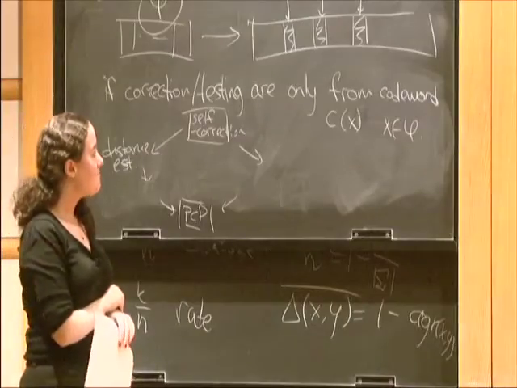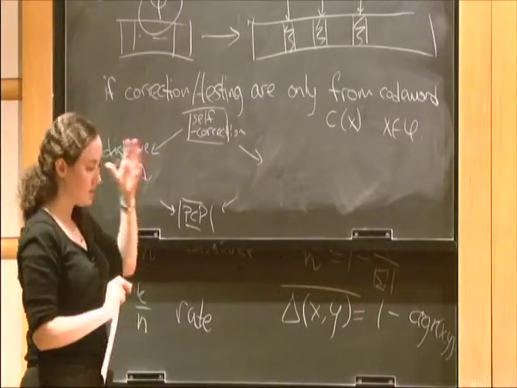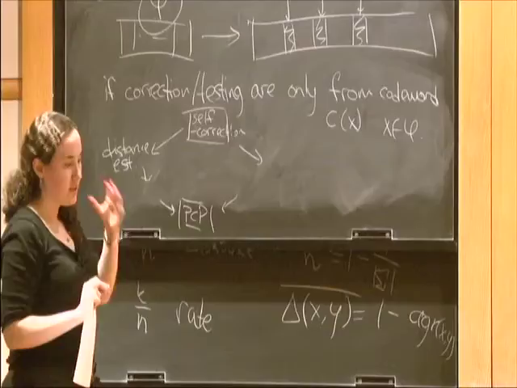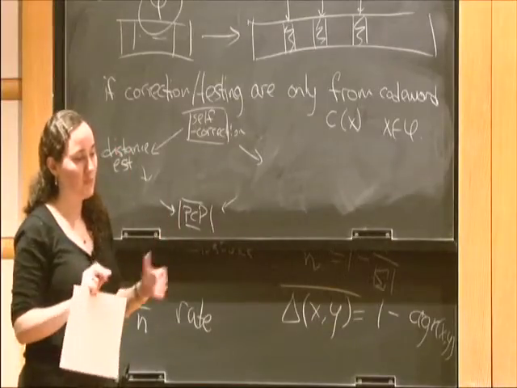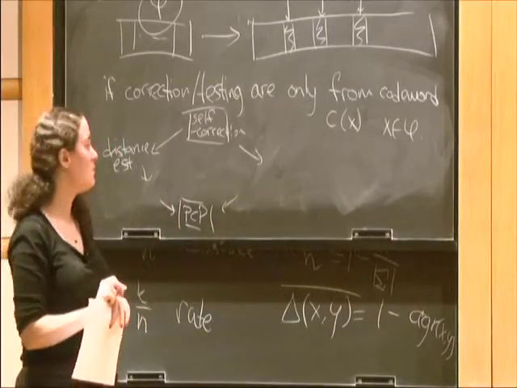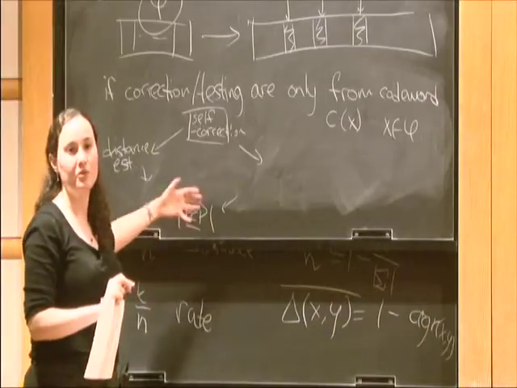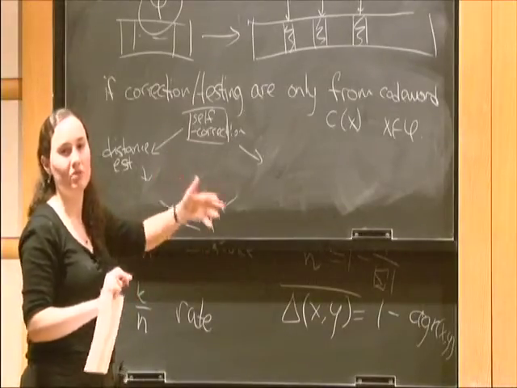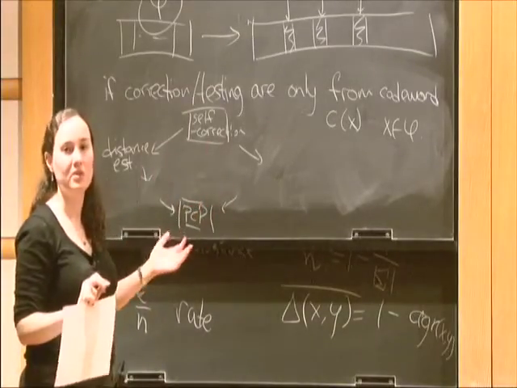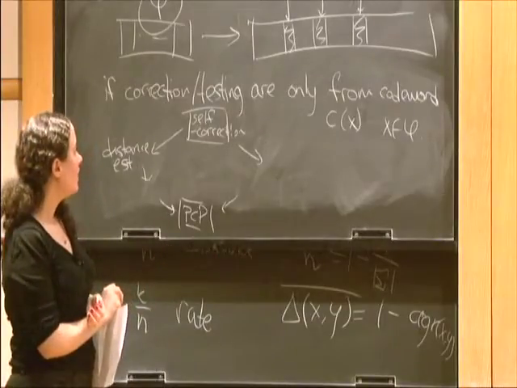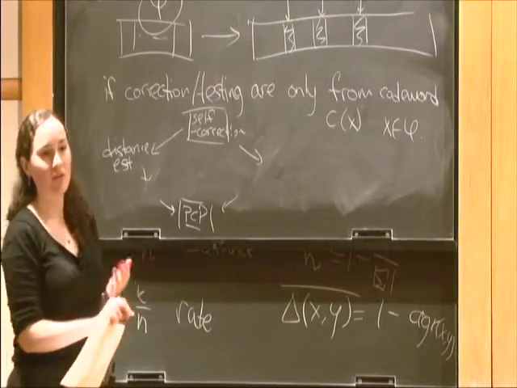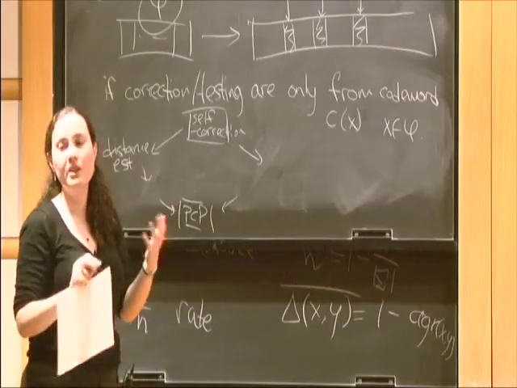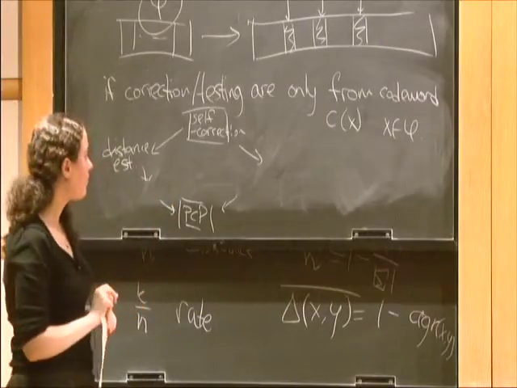Now, there were those thoughts in the PCP community that if you have something for PCPs, then you also have this for local testing, locally testable codes at least. It wasn't really formalized, but this is the feeling that people in the field had.